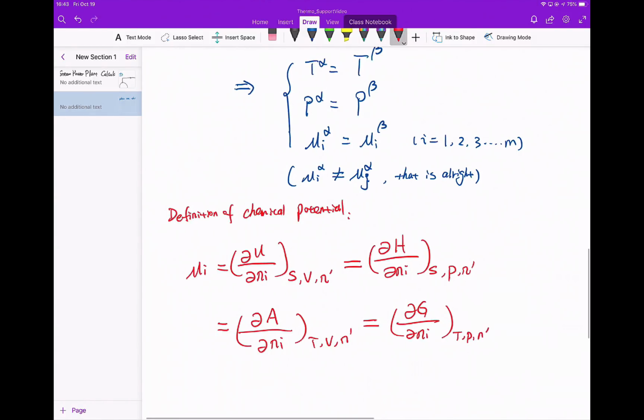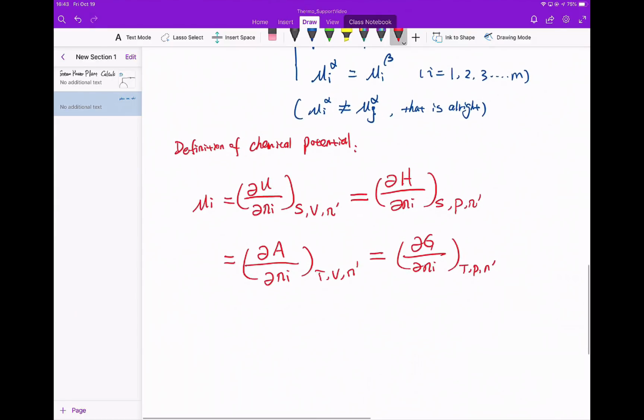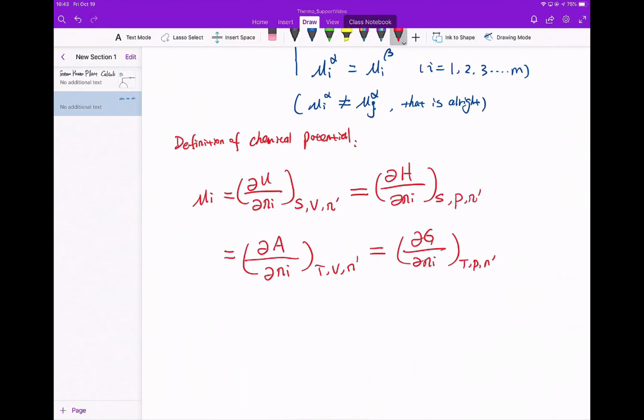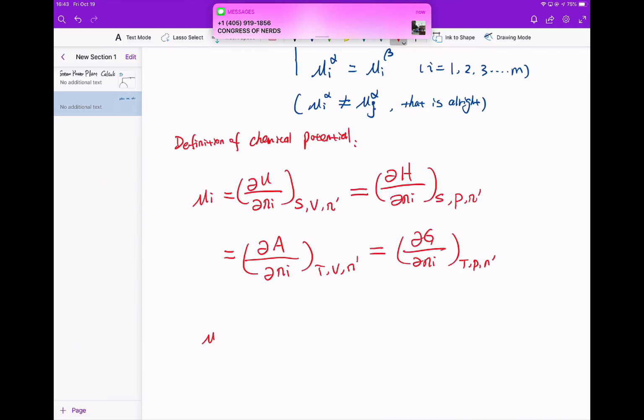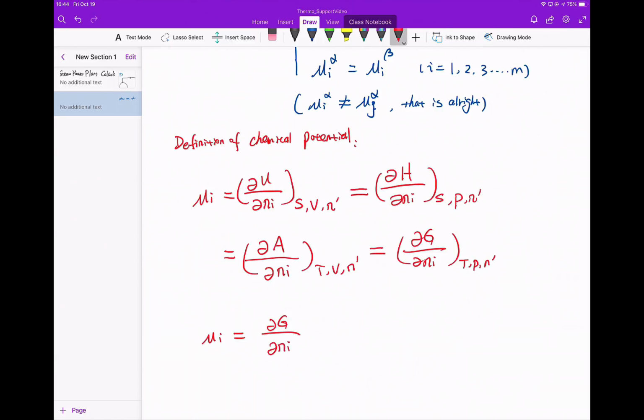Alright, this is the first definition. And then for this mu I, when this is defined through the Gibbs energy, dG over dmi, T, P, m prime, because of the fixed compositions, the fixed parameters agree with the same definition of partial molar property.